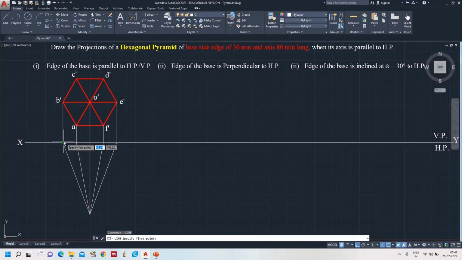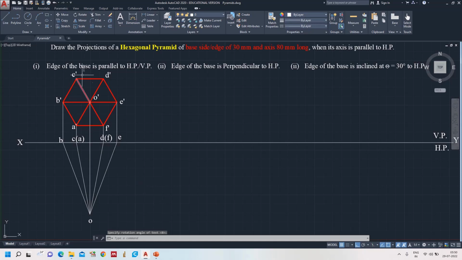Now I am drawing the base. Let me give the notations. This is B, very clearly visible. C and A, A is invisible, and this is D and F, and this is E, and this is the apex point O.